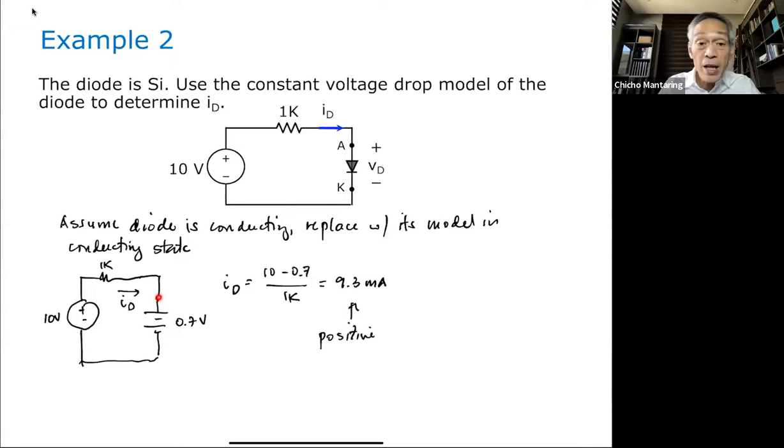The current is from A to K. And therefore, our diode is really conducting. Thus, this is a valid equivalent circuit, and I sub D must be correct. Are there any questions?